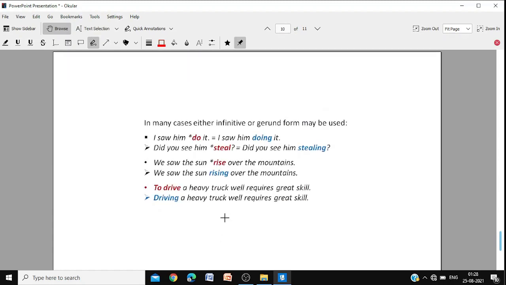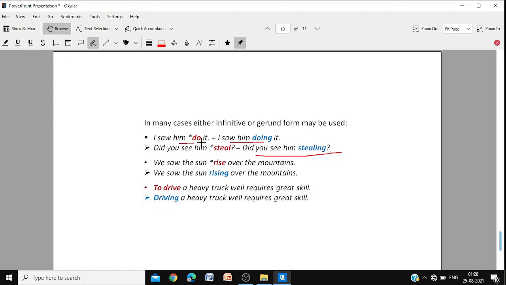In many cases, either infinitive or gerund form may be used. Why? Because both of them are verbal nouns, partly verb and partly nouns. I saw him do it, or I saw him to do it. You can say, I saw him doing it. Did you see him steal? Did you see him stealing?